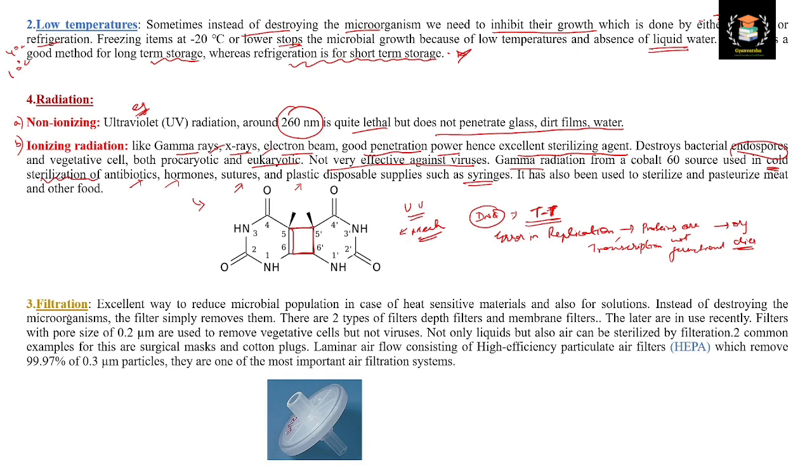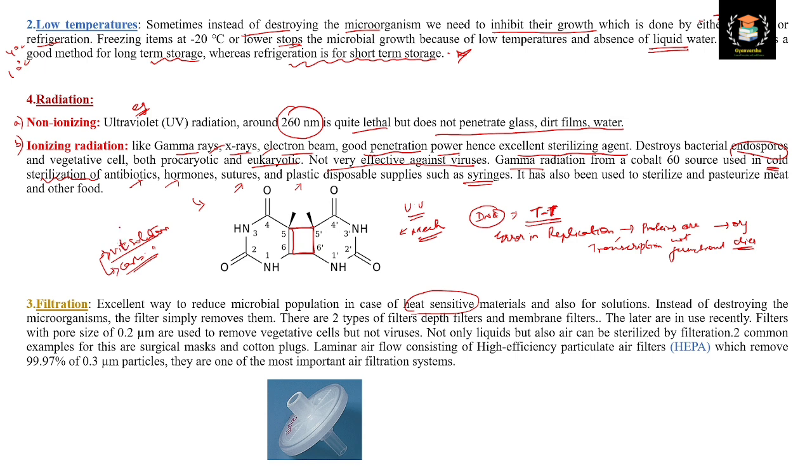The next one is filtration. Filtration is an excellent way to reduce microbial population in case of heat sensitive materials. When you have such things as a vitamin solution, sometimes a carbohydrate solution, you cannot autoclave them, because again the same thing, it will destroy them and they won't be effective anymore.